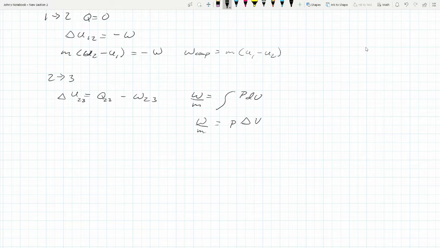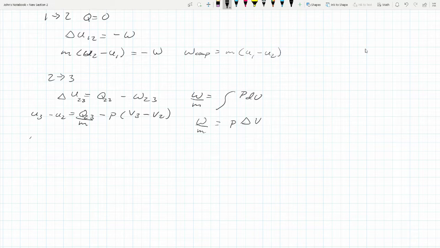So then plug this into your first law equation. You get U3 minus U2 is equal to Q23 over M minus P times, forgot to divide this by mass, times V3 minus V2.